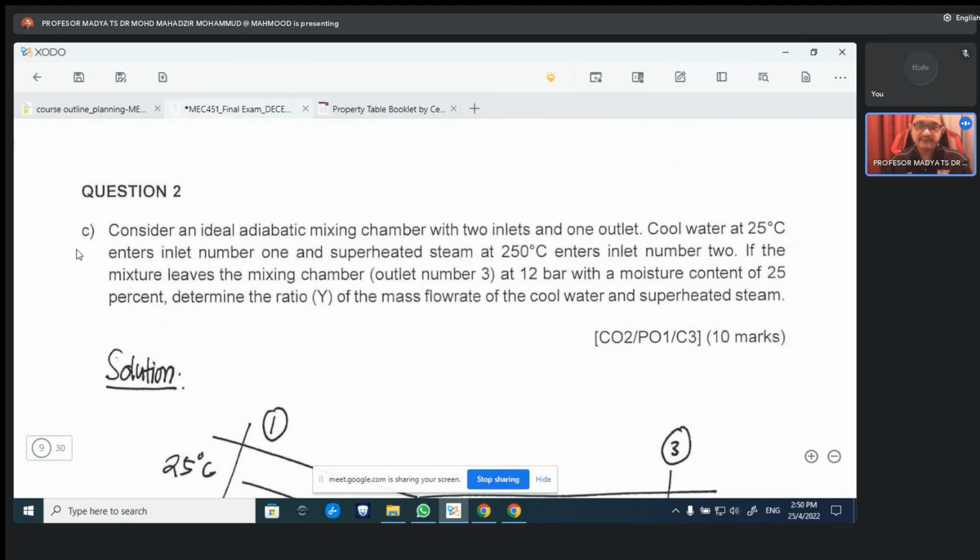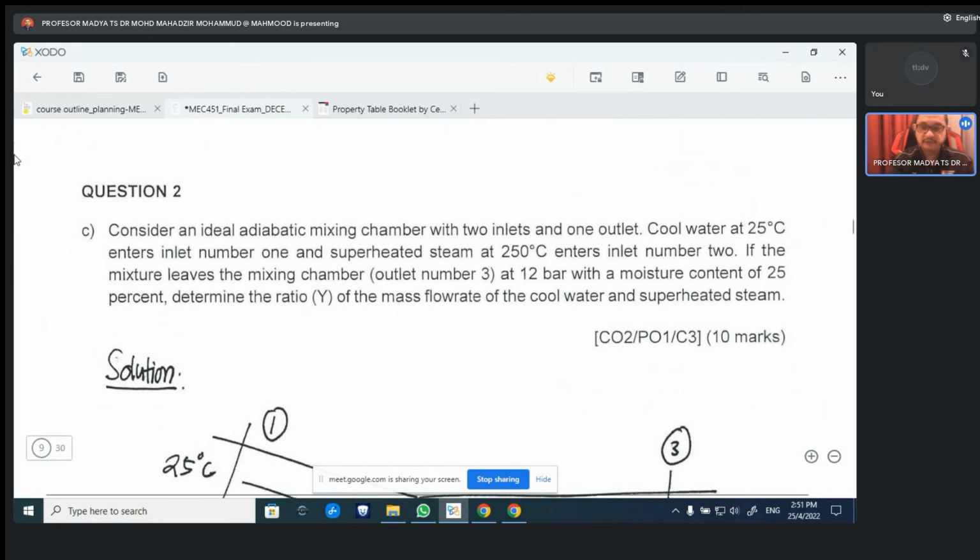That means the working fluid here is water, in the phase of liquid, and the other is in the phase of steam or vapor. If the mixture leaves the mixing chamber, outlet number 3, at 320 bar with a moisture content of 25%, determine the ratio Y of the mass flow rate of the cool water and superheated steam.